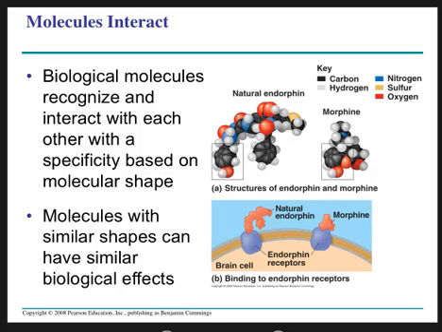But look at morphine. Overall, they look nothing alike. Overall, they don't even have the same chemical composition. But this one little section of morphine has just the right shape that it can bind to that endorphin receptor, and it can release the same euphoria as natural endorphins. So that's the chemistry. That's this whole molecular shape influencing function.